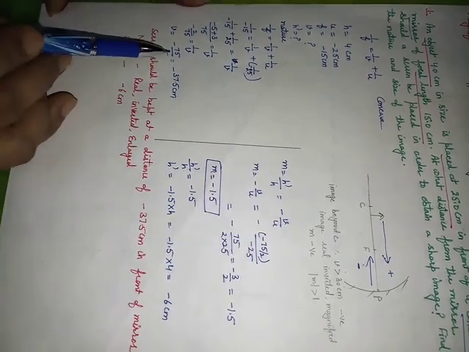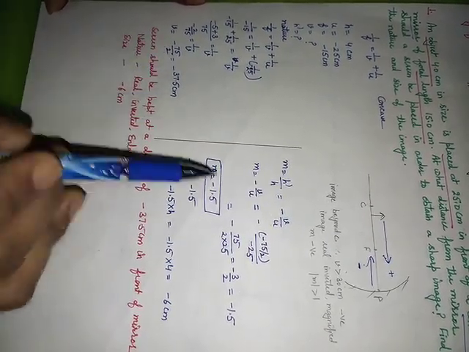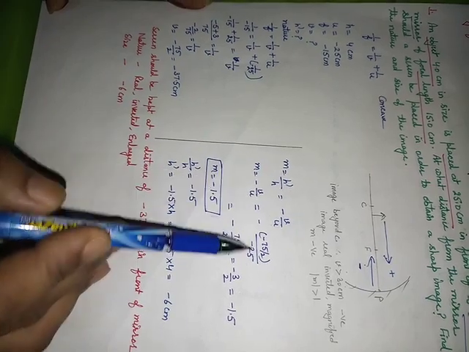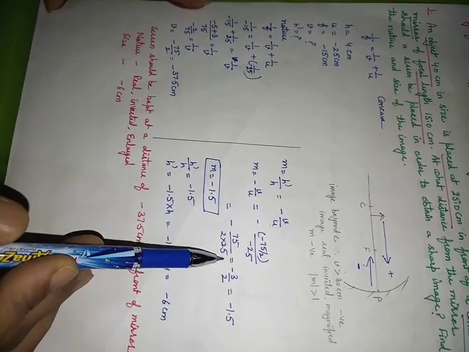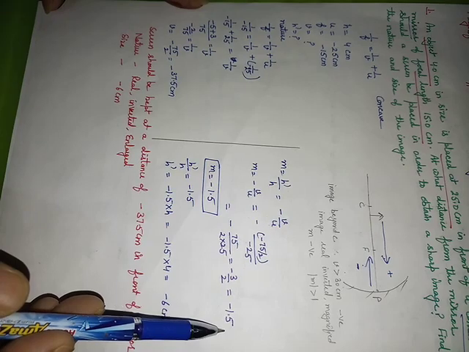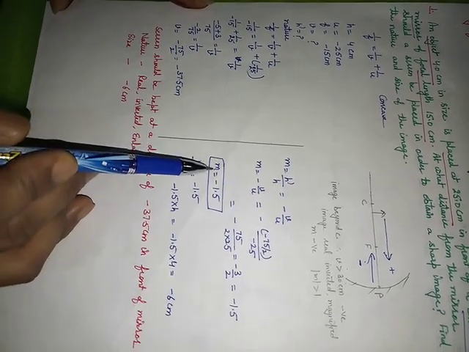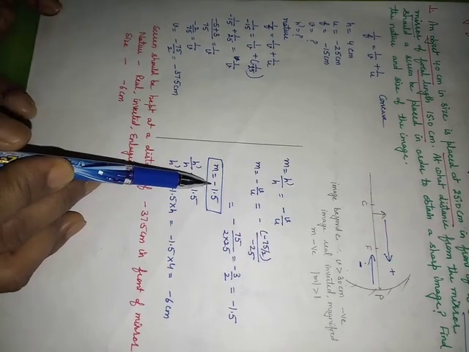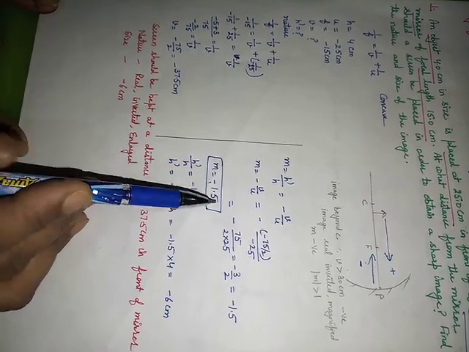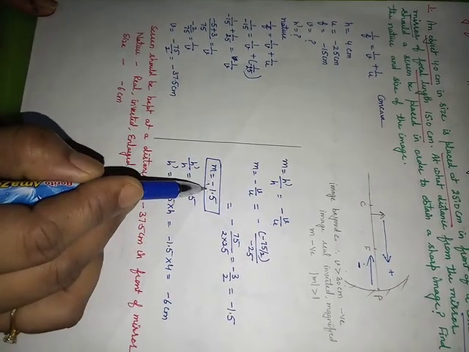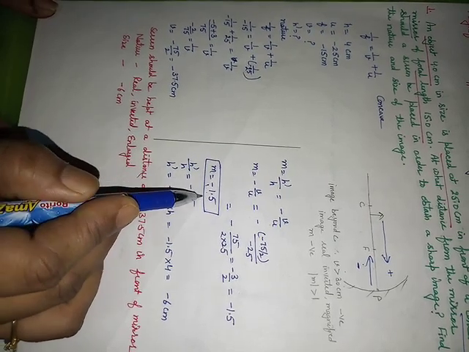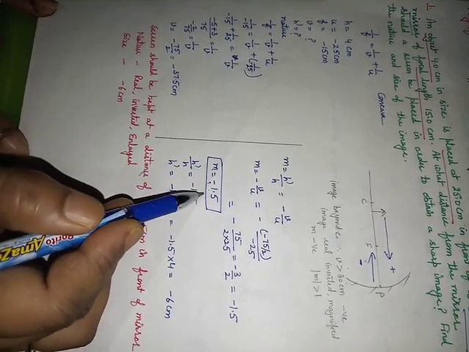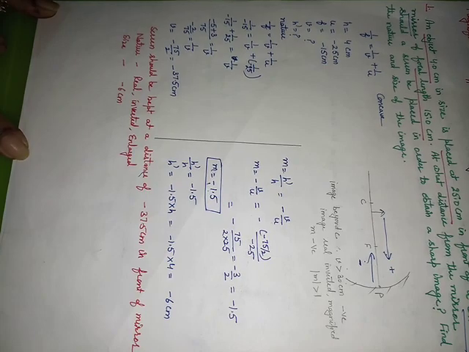The value of v will be minus 75 upon 2, and the u value will be minus 25. When you solve it, you will get minus 1.5. So m is coming with a negative sign. The negative sign shows that the image is going to be real and inverted, and this value is greater than 1. It means the size of the image will be more than the size of the object.